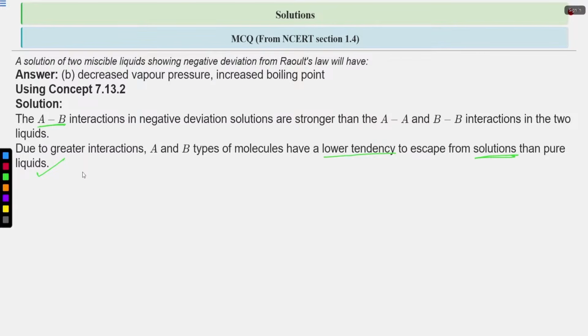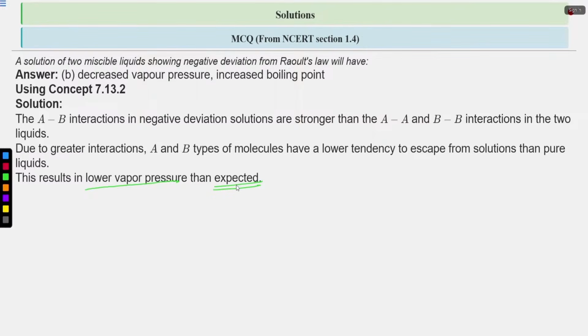The pure liquids have weaker interactions, so they can go to the vapor phase more easily than in the A-B case. So this results in a lower vapor pressure than expected. Vapor pressure is the pressure created by the gas just above the surface of the liquid.